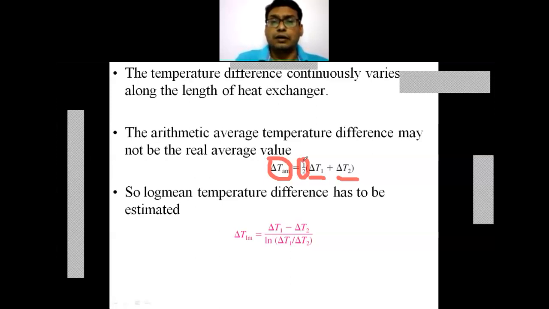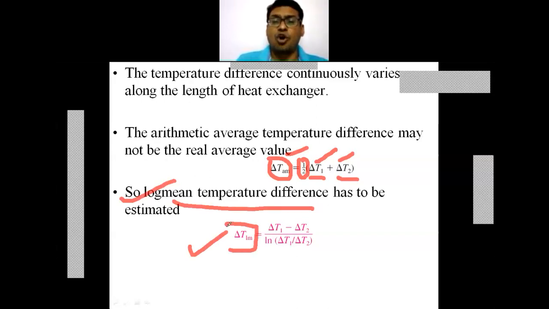But these values are not suitable to calculate the value of Q. They will give an error in the calculation of Q, and for that purpose we use the log mean temperature difference, delta TLM.